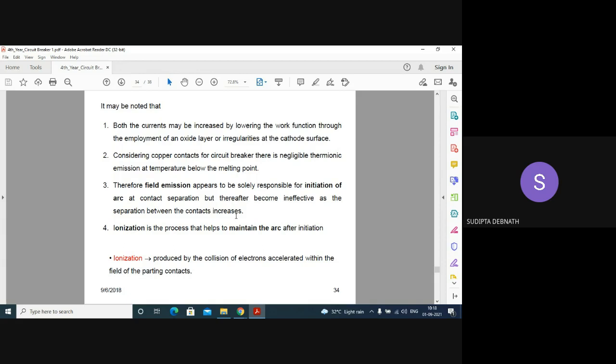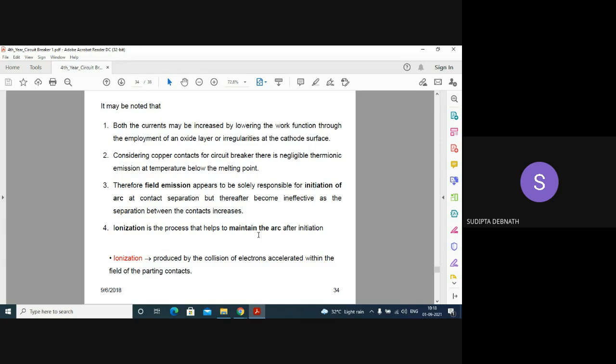So field emission and thermionic emission both are responsible for the initiation of the arc, but the role of field emission is more. But after contact separation, what is responsible for the continuation of the arc? Ionization is the process that helps to maintain the arc after initiation, because electrons and ions are already there.